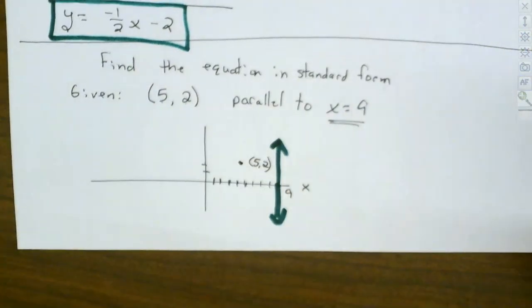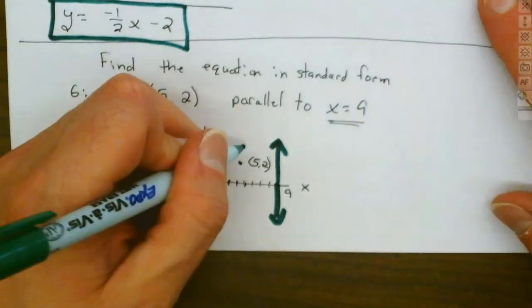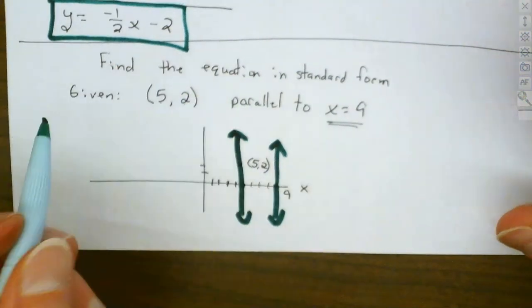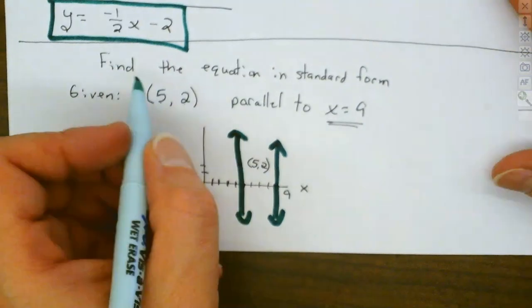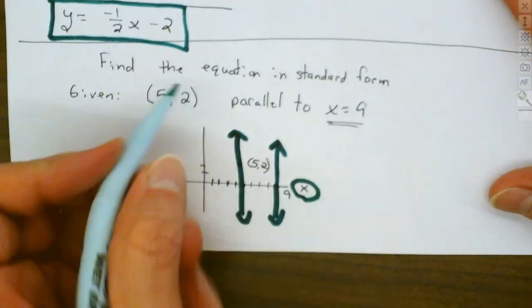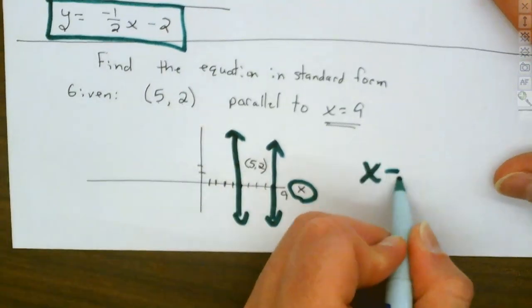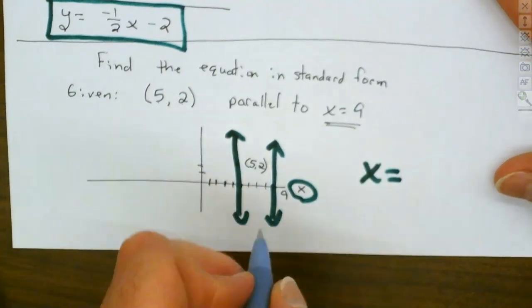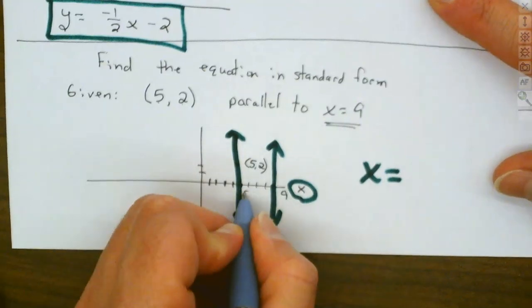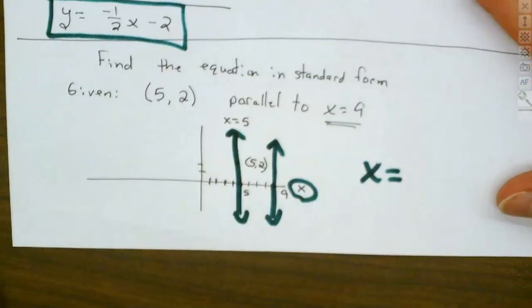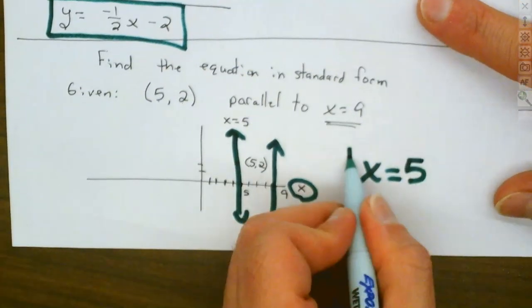Now, what kind of line would be parallel to a vertical line? Another vertical line, right? Because that's the only line that can't cross it. And this is your vertical line. Now, what does it go through? It goes through the x-axis. And where does it go through the x-axis? It goes to the x-axis at 5. So this line would be x equals now what? 5. And that is it.